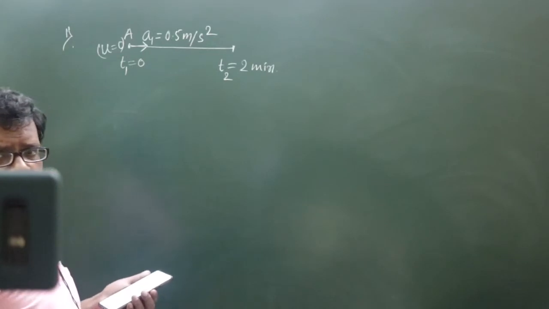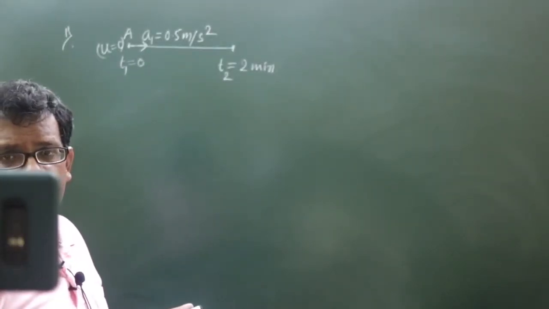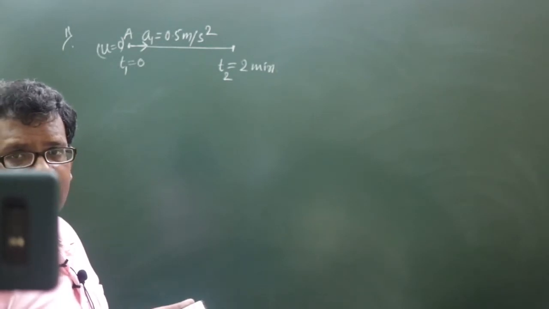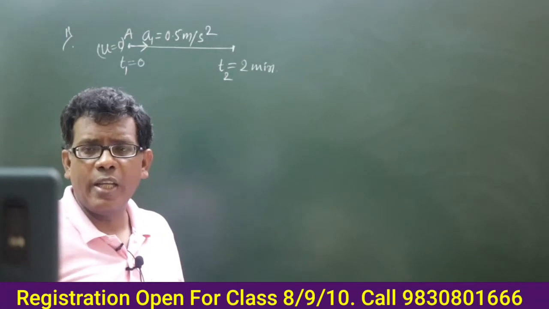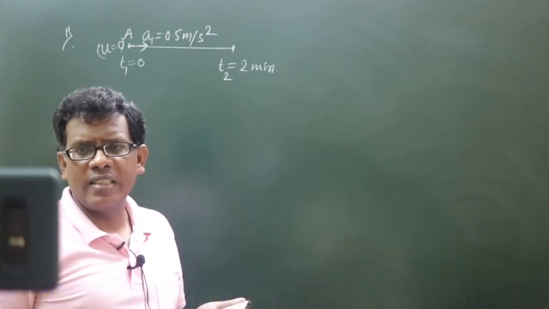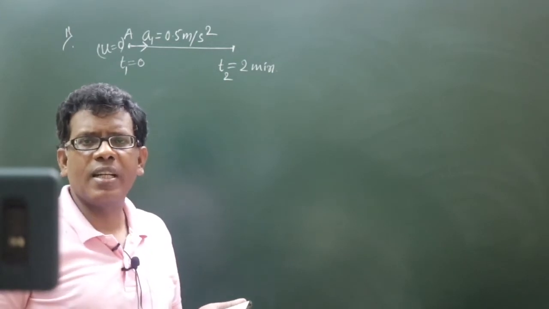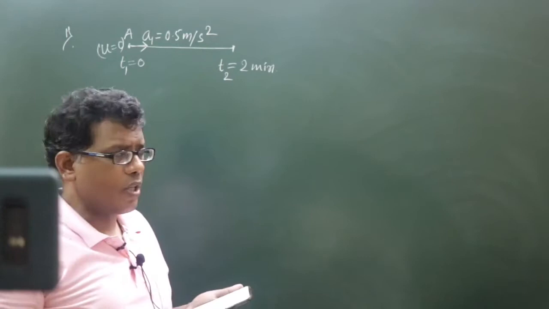So, during the first 2 minutes the train moves under acceleration. Obviously, we know that when a body moves under acceleration, the magnitude of its velocity continuously increases. Whenever a particle, a train, or any object moves under acceleration, its velocity increases during the motion.